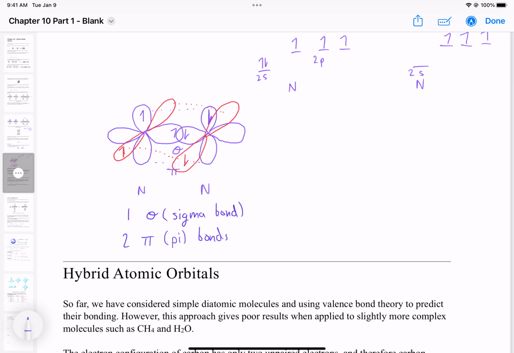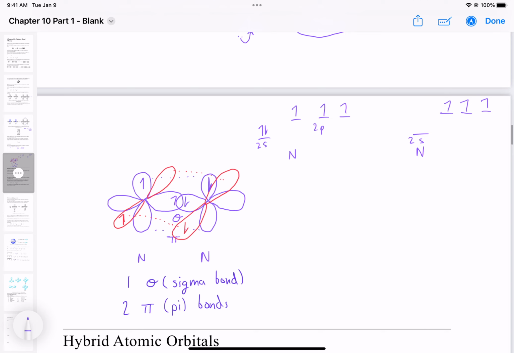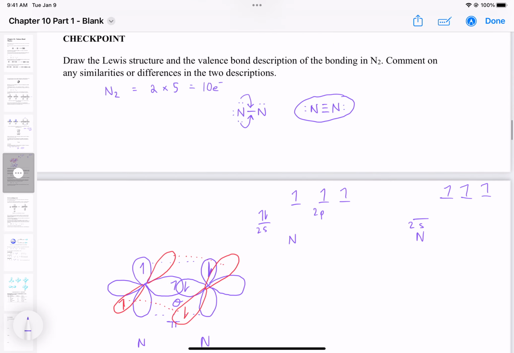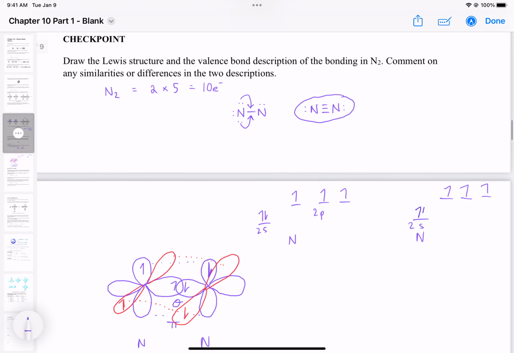Okay, so that's pretty good. So our model does predict we should have a triple bond, and we could do that in our valence bond model. And then we see here that the three electrons in each of the p orbitals are going to combine to form one sigma bond, and then two pi bonds will result from there.